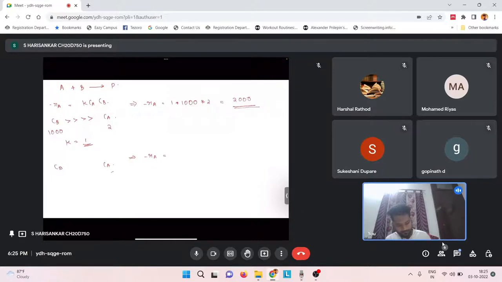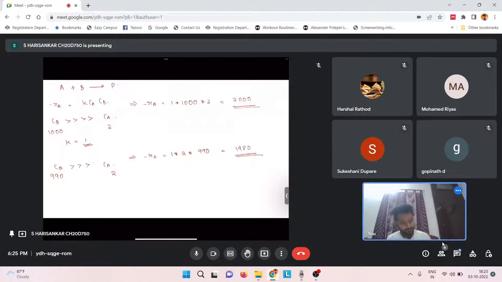Let's say CB changed to 990, but CA didn't change that much. It still remained approximately 2. Now the rate equation will be what? 1 into 2 into 990. What is this? Something around 1980, I think. Right.